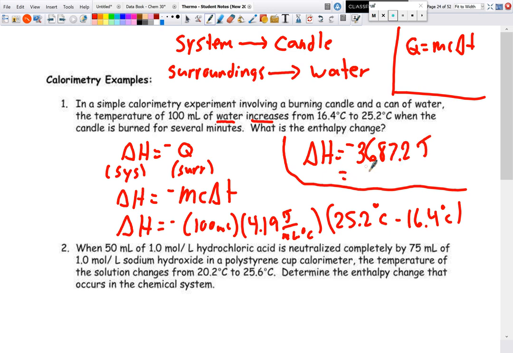And to rewrite this with significant digits, negative 3.69 kilojoules. And that is the correct answer right here.